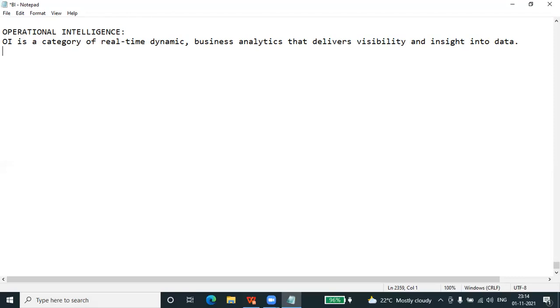Operational intelligence systems also provide the ability to associate metadata with metrics, process steps, channels. With this, it becomes easy to get related information.